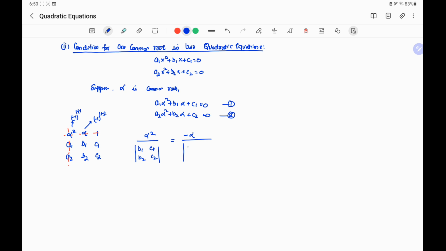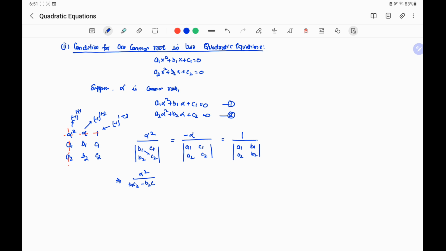The remaining terms are a1, a2 and c1, c2. It is equal to 1 by, here it is minus 1 raised to the power first row and third column, so it will be positive. And after cancelling the first row and third column, we will remain with a1, a2 and b1, b2. Using the determinant value, we will have alpha square divided by b1 c2 minus b2 c1.